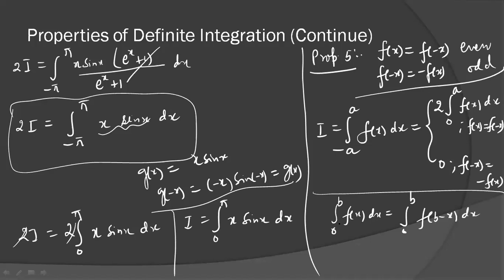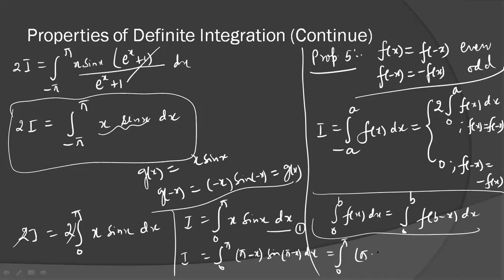Here the lower limit is 0, so we can apply this property again. So it will be the integral from 0 to pi, call it equation number 1, of (pi minus x) sine (pi minus x), because at b we have pi here. So it will be the integral from 0 to pi of (pi minus x) times sine x dx, since sine of 180 minus theta is sine theta. Equation number 2.